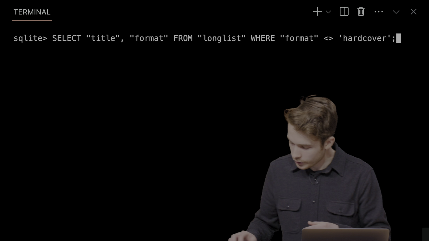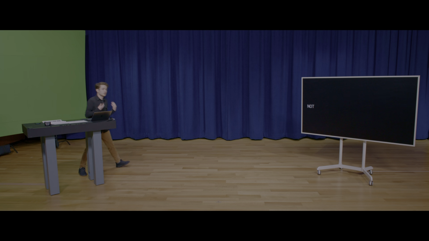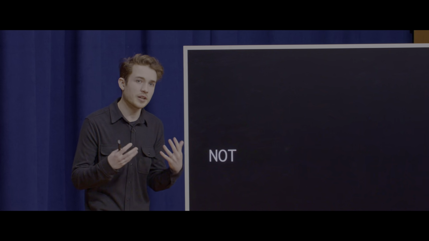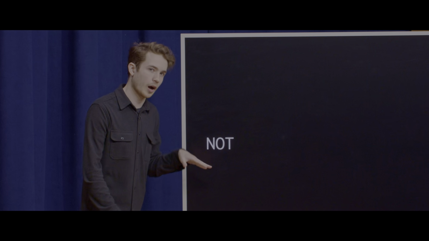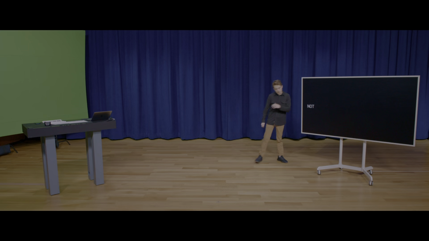Now, one more keyword I could use here that's worth mentioning is this keyword called not. So here, I was able to use exclamation point equals or the less than or greater than sign to say not equals, but I could also negate a condition using not. So let's try using this one in our SQLite terminal too. I'll go back over here, and I'll bring back my SQLite terminal.